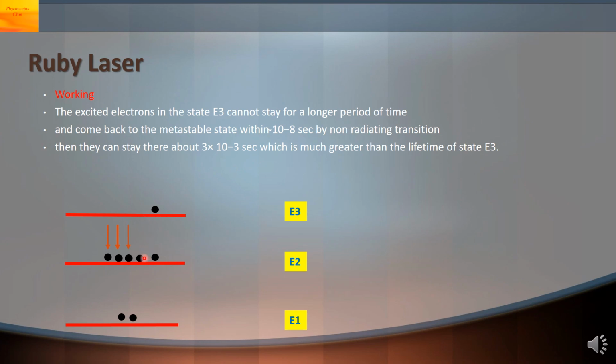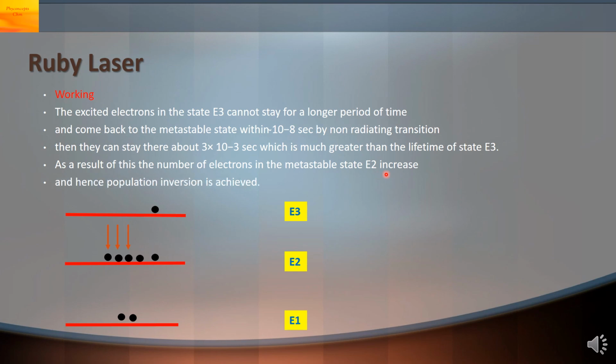And there they can stay for a longer time, for about 3 into 10 raised to minus 3 seconds, which is much greater than the lifetime of the state E3. As a result, the number of electrons in the metastable state E2 will increase. That is, compared with the ground state, there are more electrons in the metastable state, and hence we have achieved the population inversion state.